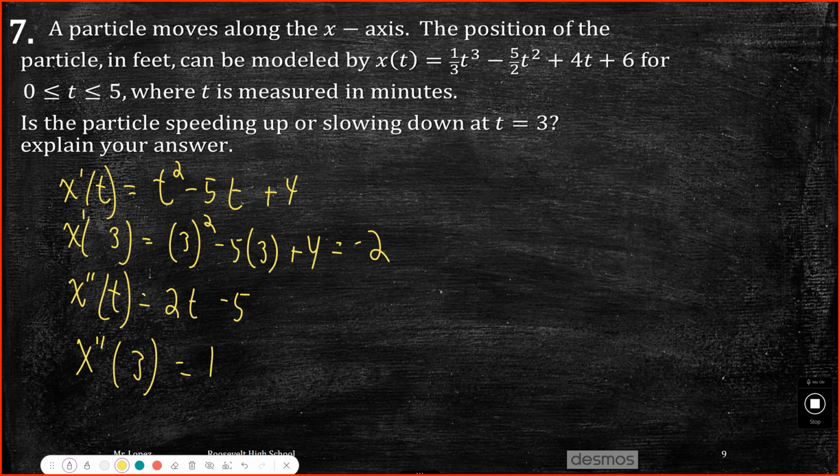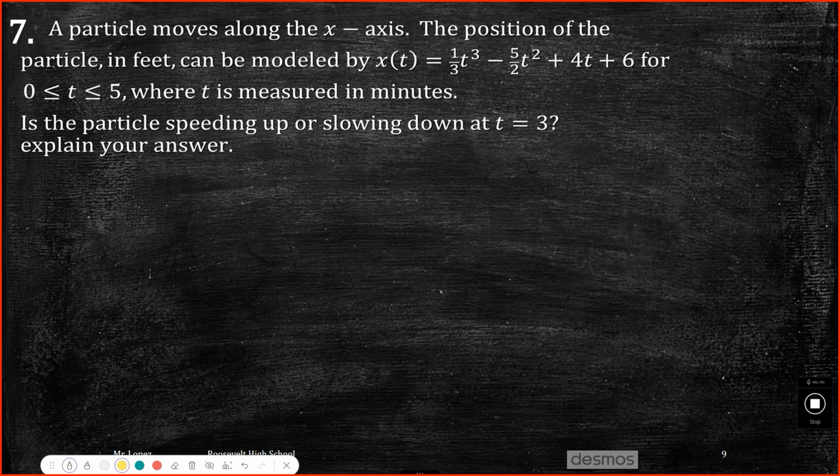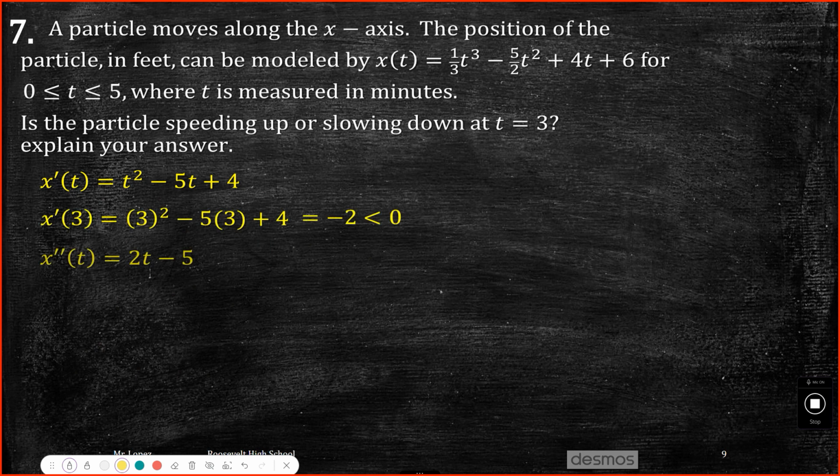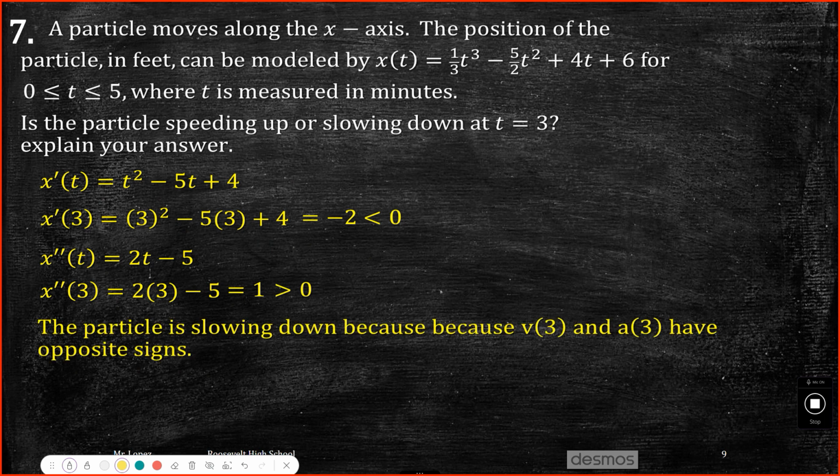So it is slowing down, because v of 3 and a of 3 have opposite signs.